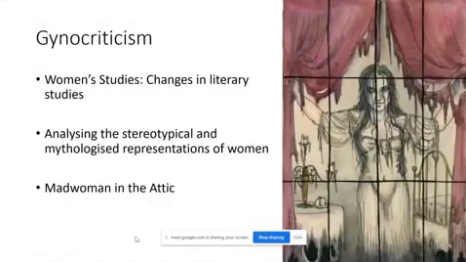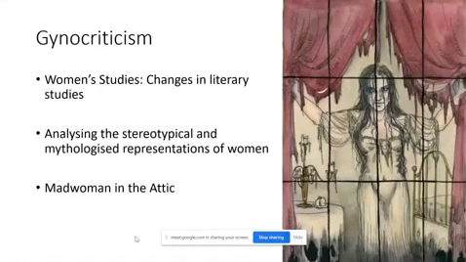But let's look at, so we have seen how it affected society and how it did have some political gains. So going back to that significant gain which I was talking about a while ago, there was the emergence of feminist literary studies in the academia, and gynocriticism was a kind of school or a discipline that came into being.